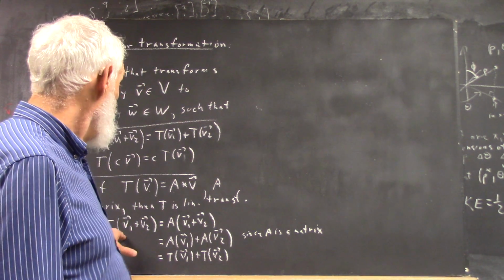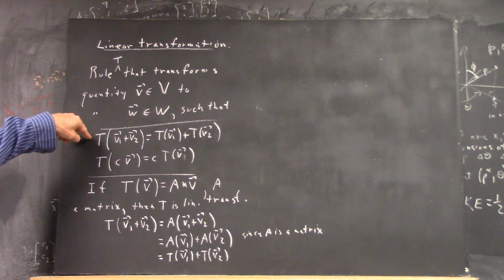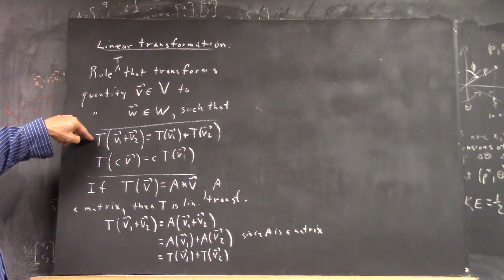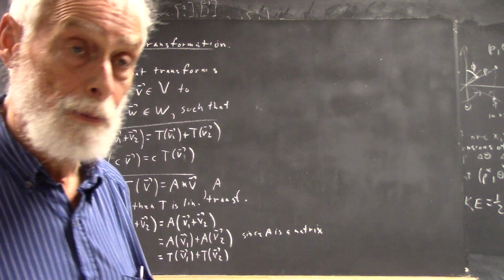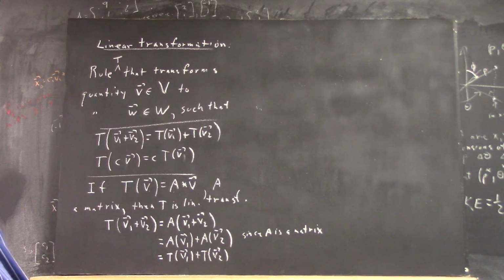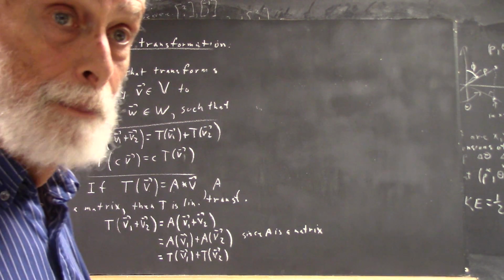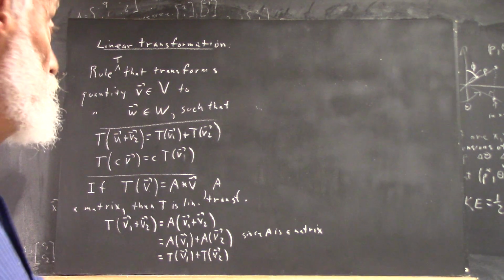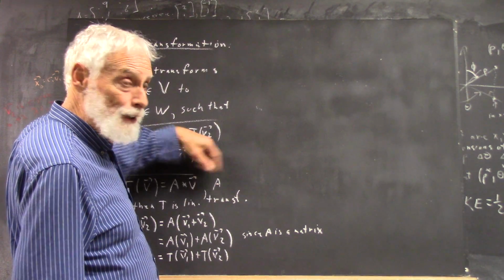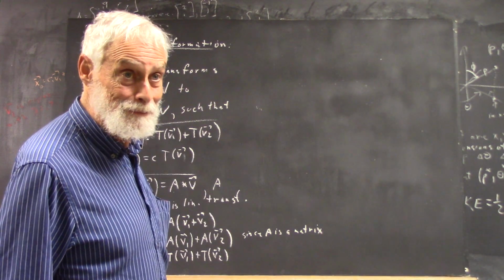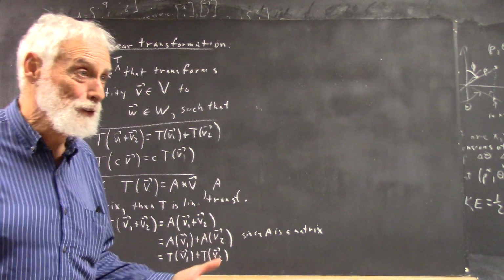Now, I just proved this property, but I kind of leave it to you to prove this property. It's very simple. You just write it out in a very similar or analogous manner. Okay? And it just comes down to A times CV is C times AV, which is true for matrices. Okay?